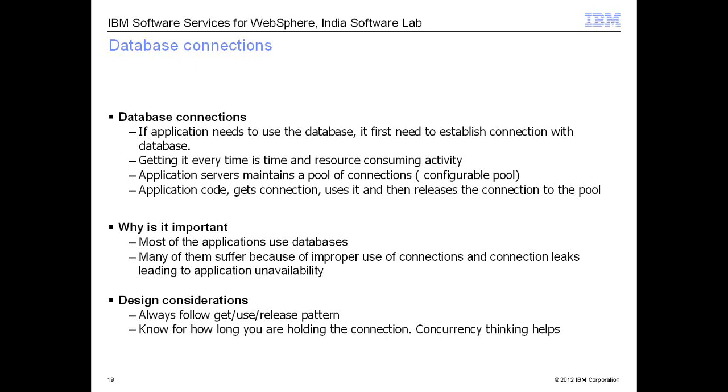Now with application servers in the picture, we try to make efficient use of connections. That means we don't go to the database and say every time, let me connect to you, because that's time consuming. The application server can manage a pool of connections. The application asks the application server, hey boss, give me one connection, I'm going to use it and release it back to you.